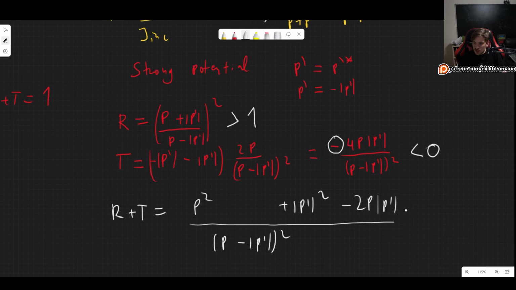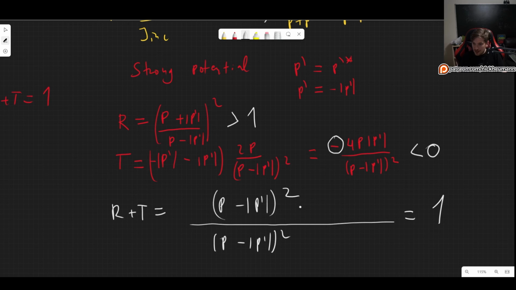And we will actually get 1, right? This thing up there is the same as what we have in the denominator. This is P minus P prime squared. So we have that the probability is conserved, but we have more than 100% chance of something being reflected, right?